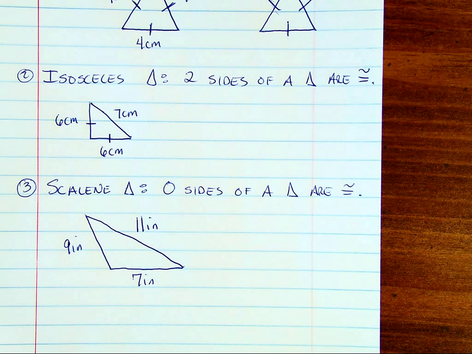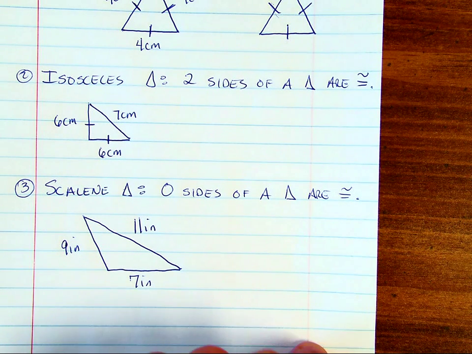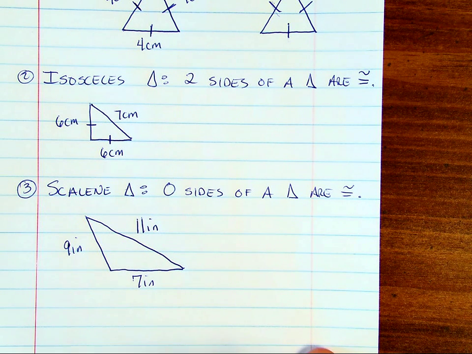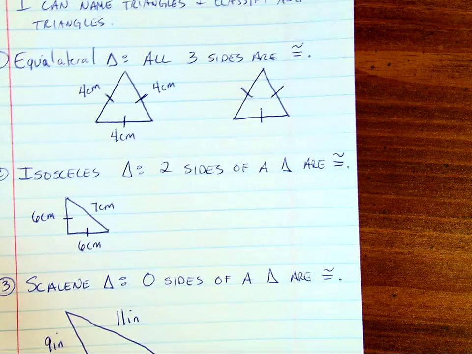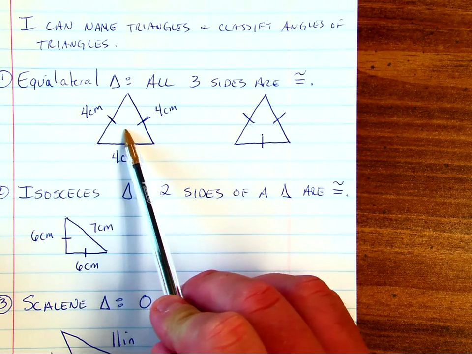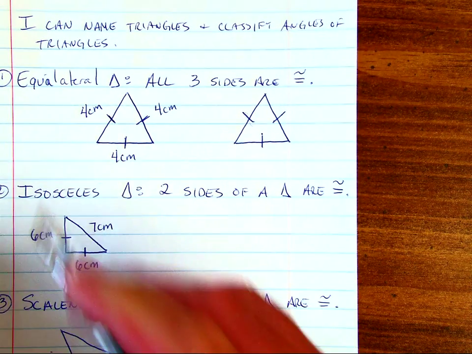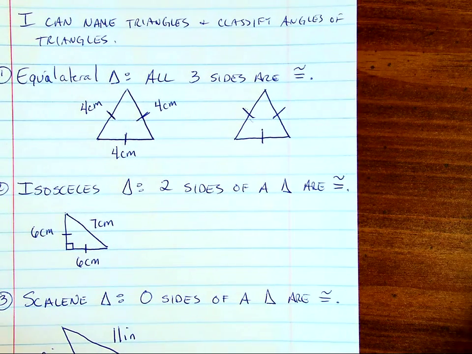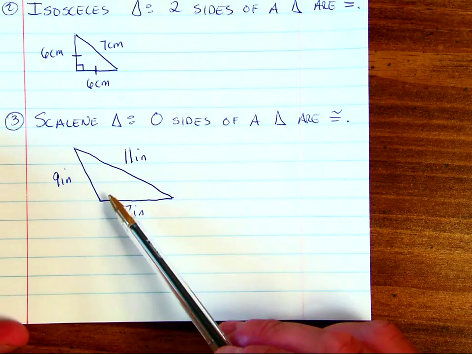Well, next up we have the classification of triangles according to angles. And there are 4. You have an acute triangle, an obtuse triangle, and a right triangle. And actually, we've already done them. This is acute. This one is a right triangle. And that one's obtuse.